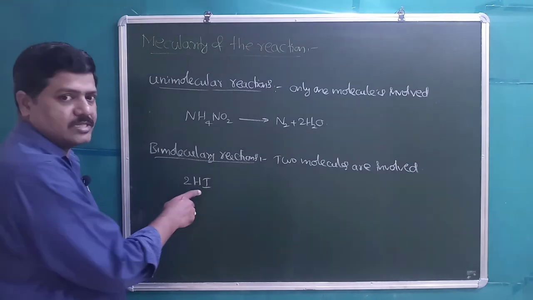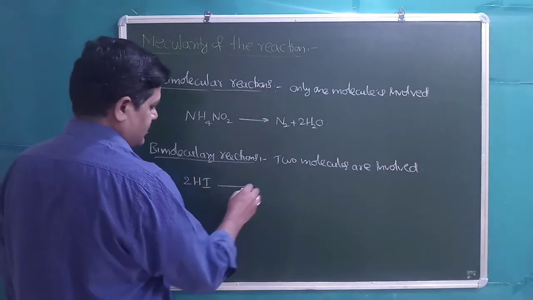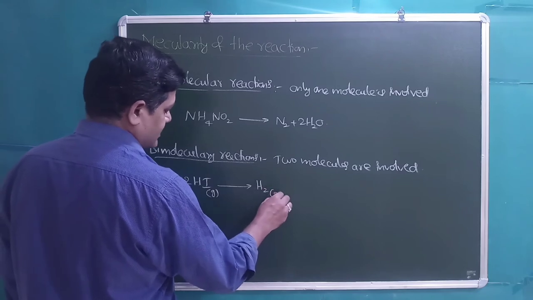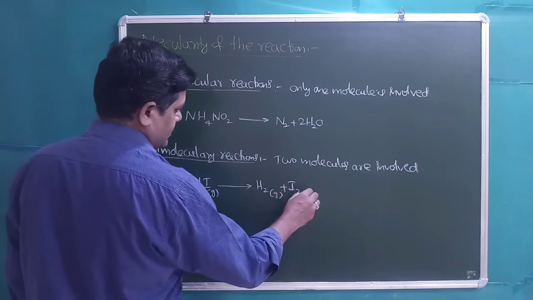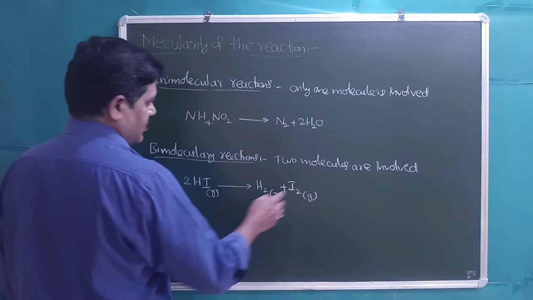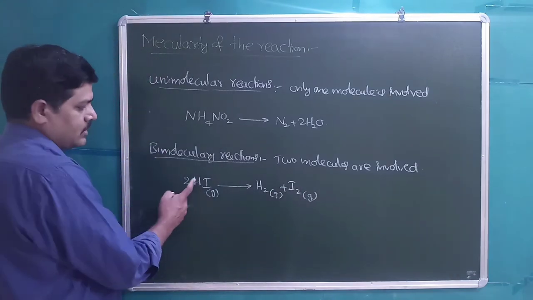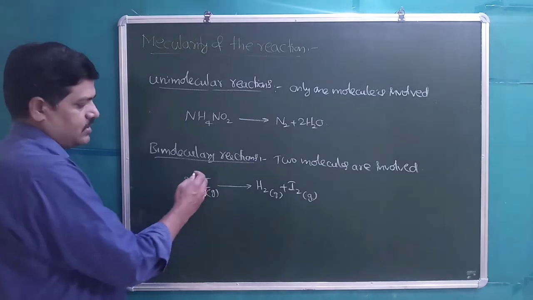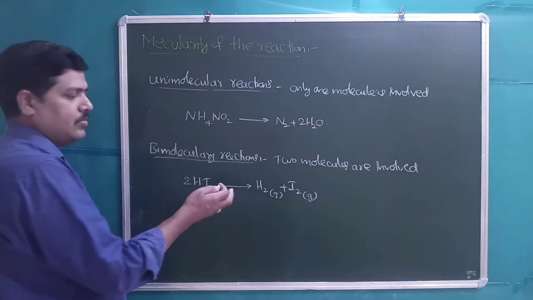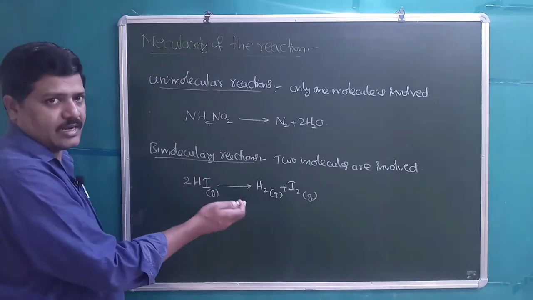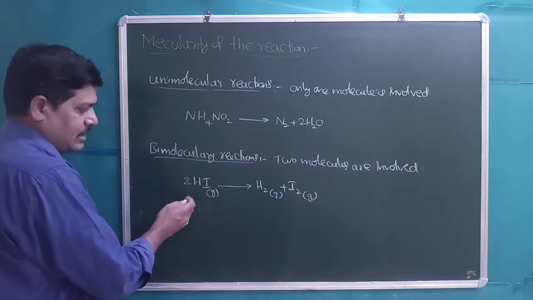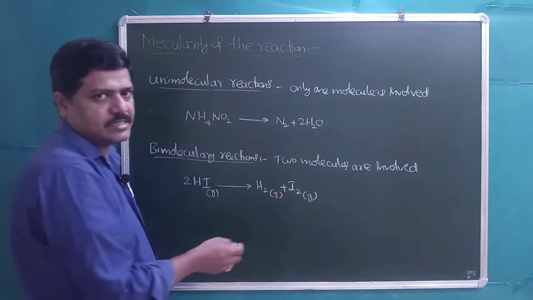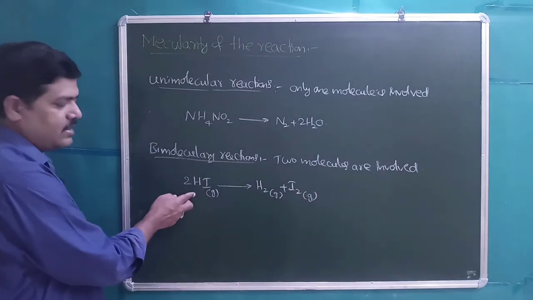Two molecules of HI give H2 gas plus I2 gas. Two molecules are involved which must collide at a time. Even though we are taking many moles, like 3 moles, 4 moles of HI in 1 liter of container, at a time 2 molecules of HI will collide to give the products. So that's why molecularity is 2.